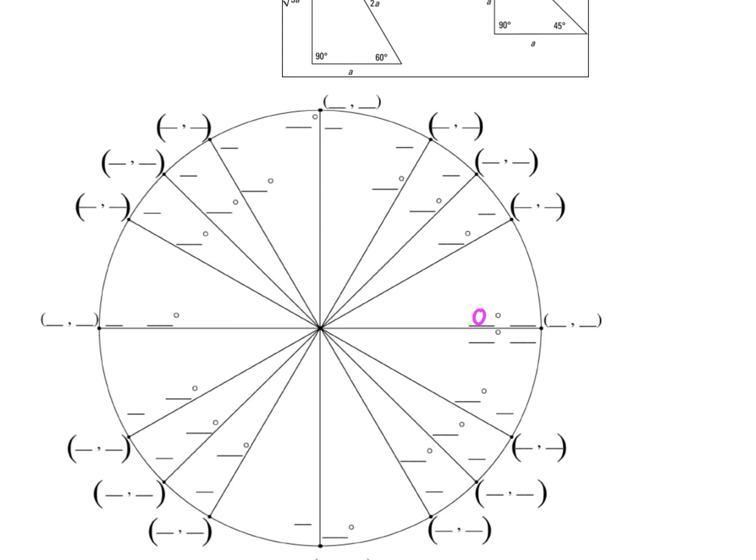And then my 45 degrees is going to be halfway in between that first quadrant here. Okay, so this is going to be 45, followed by 90 degrees. If I add 45 to that, I'll end up with 135 degrees. Add 45 again, I end up with 180.